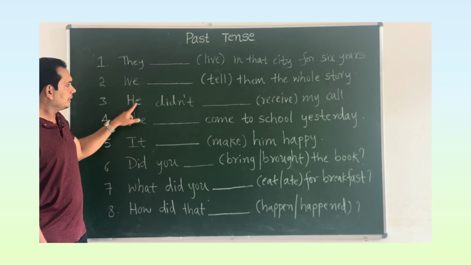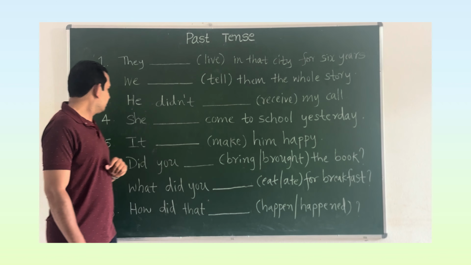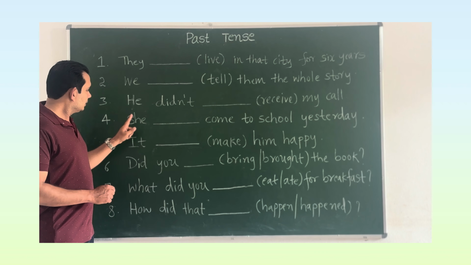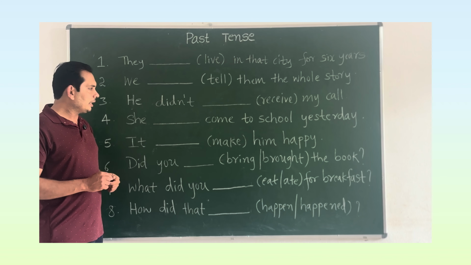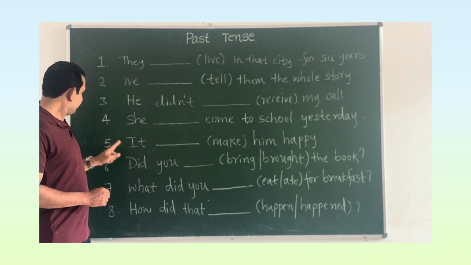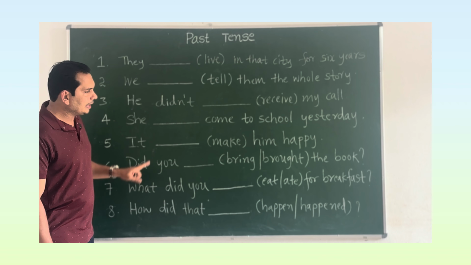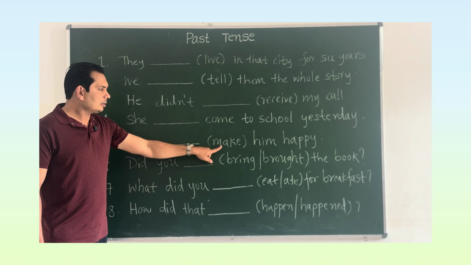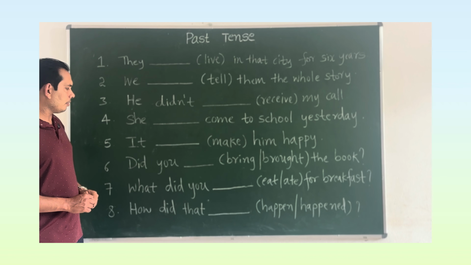Question number 3. He didn't dash my call. Receive is the verb. Question number 4. She dash come to school yesterday. Here you are required to write the right auxiliary. This is a negative sentence. Question number 5. It dash him happy. Make is the verb. You have to write its past form.